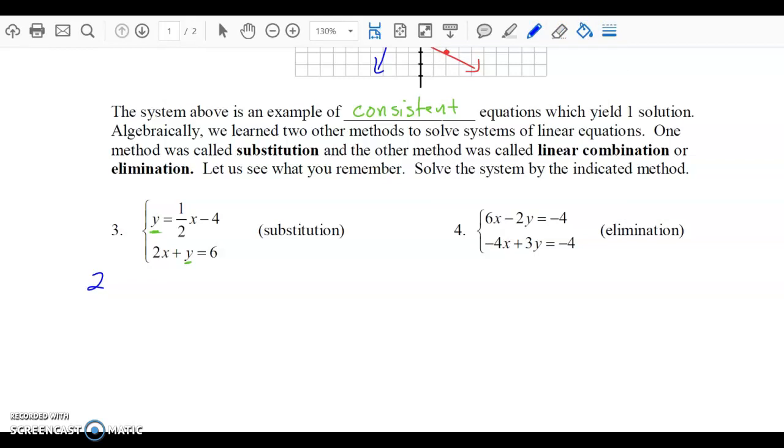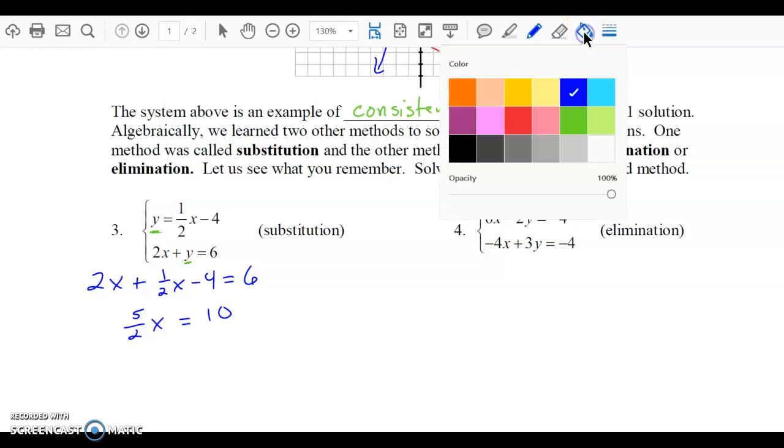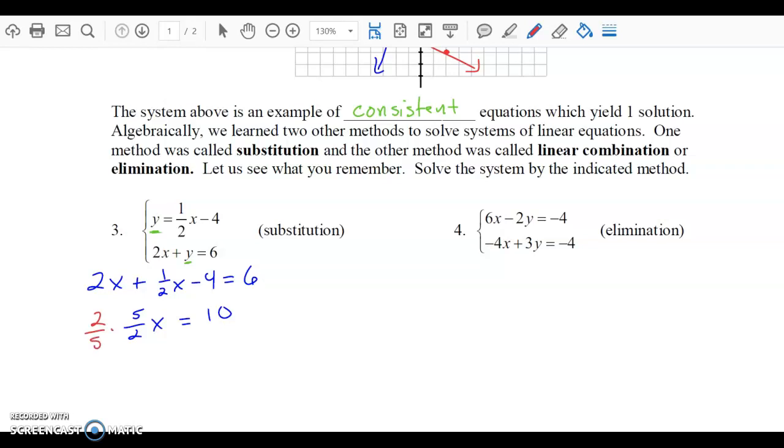So we're going to write 2x plus 1/2 x minus 4 equals 6. We're going to go ahead and combine like terms. We get 5 over 2x equals 10. We're going to multiply using chapter 1's multiplicative inverse. We're going to multiply by 2/5.